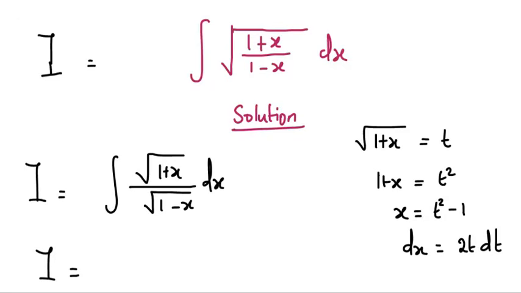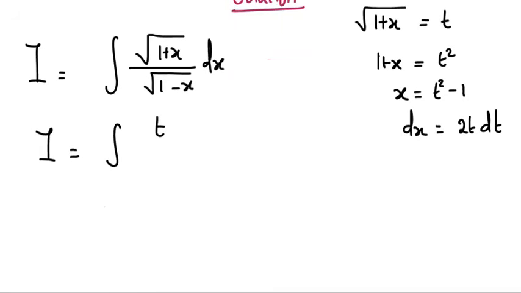So here I is equal to the integral of, up there we have just t, because that is the square root of 1 plus x. And here, divided by the square root of 1 minus x, check it out, is going to be 1 minus (t squared minus 1), which is the same as 2 minus t squared.